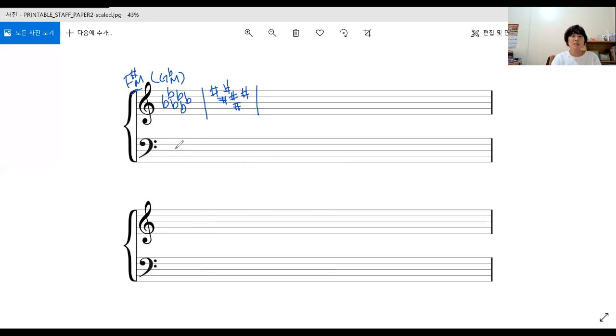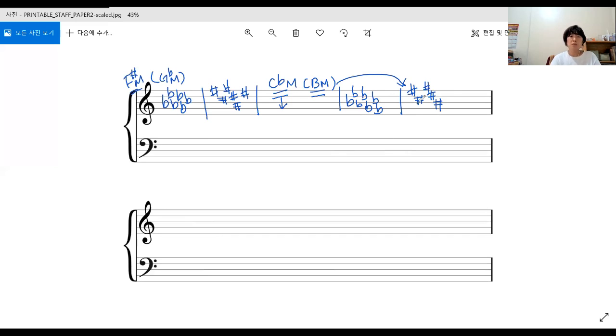Oh, okay. What about C flat major? It's B major, right? But we prefer B instead of C flat, because C flat, how many flats do we have? 4, 5, 6, 7, right? But B major, how many sharps? It's only 5, right?